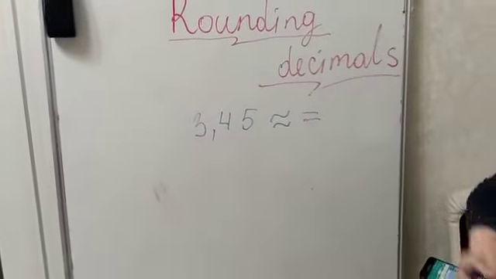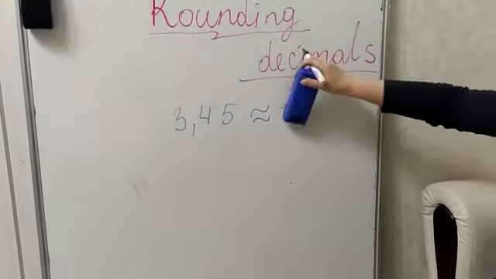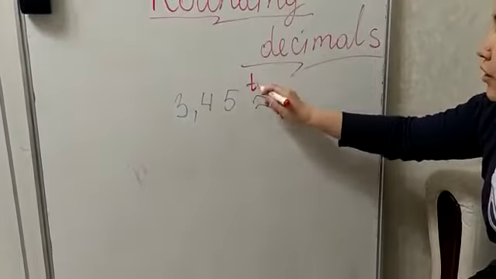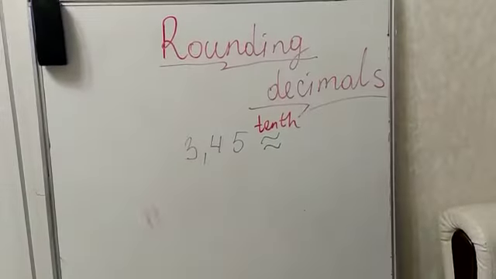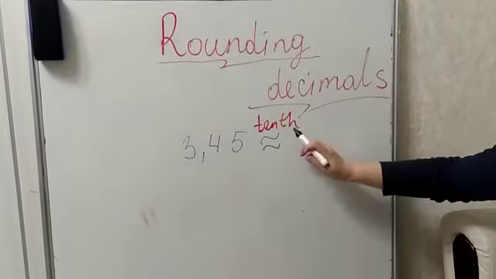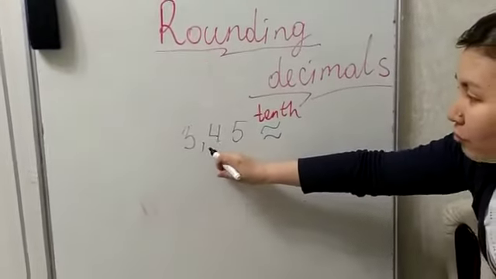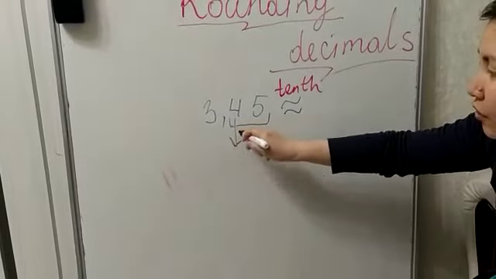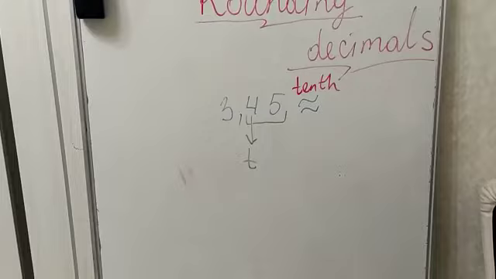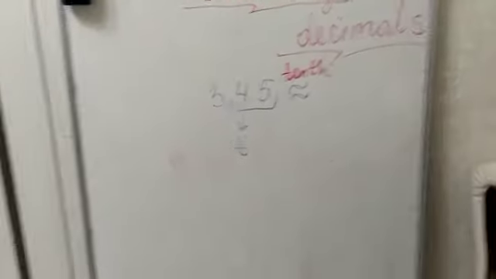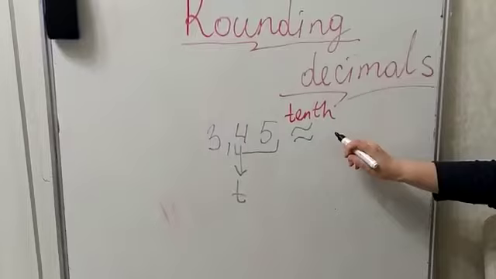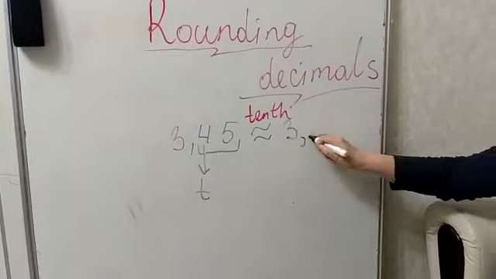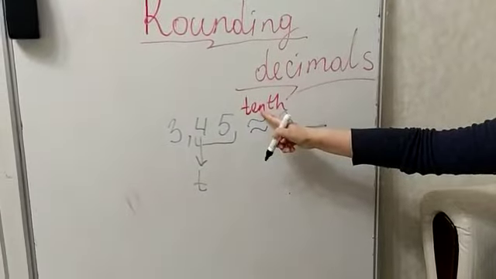First we need to find where the tenths part is. The tenths part is the first number after the point, so 4 is the tenths. So we write 3 point, and after the point we need only one number, because we round to the tenths.